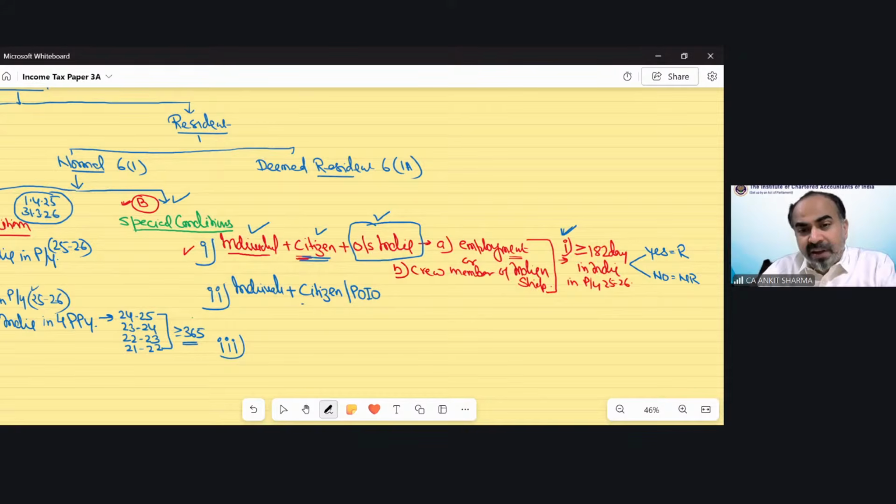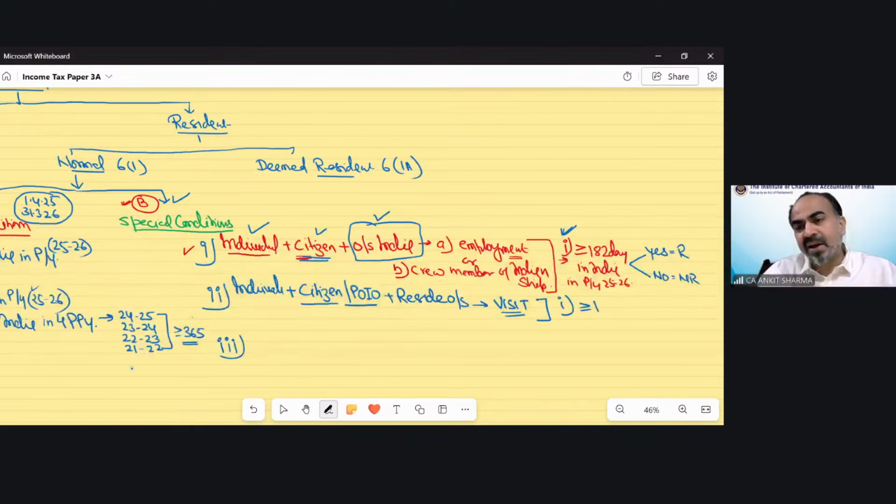So now, if any individual who is a citizen or person of Indian origin resides outside India, generally they reside outside India, but they are coming to India just for a visit. So if they are coming to India only for a visit, again same case, the first condition needs to be checked.